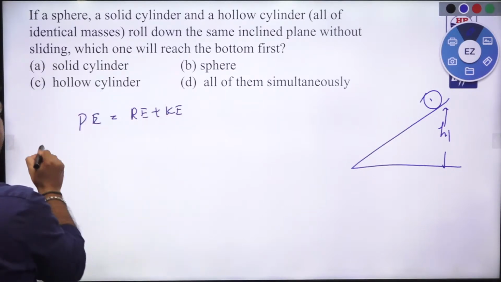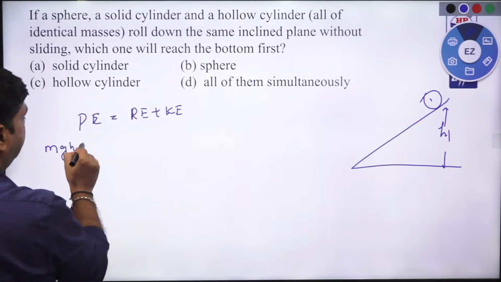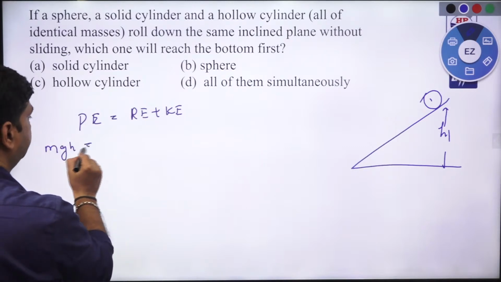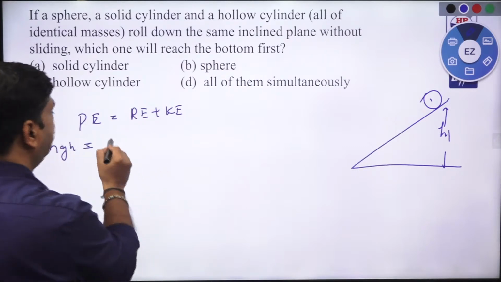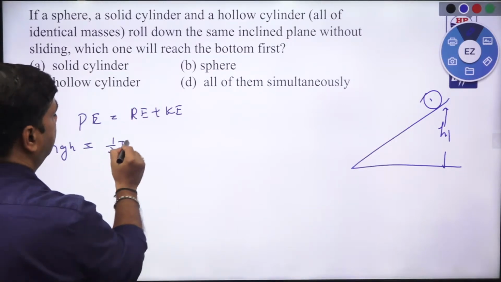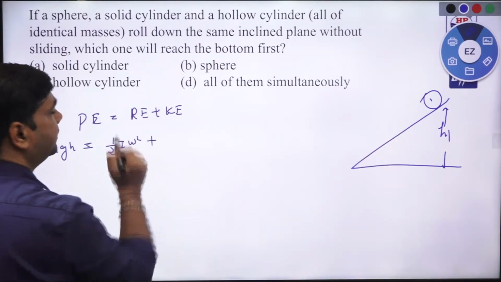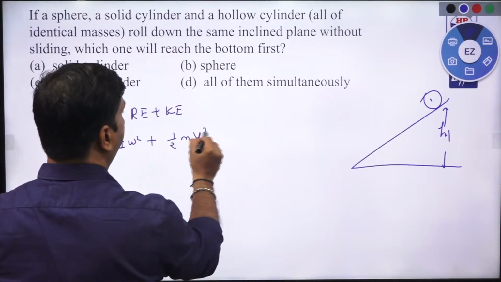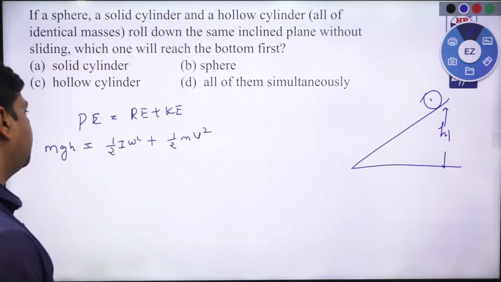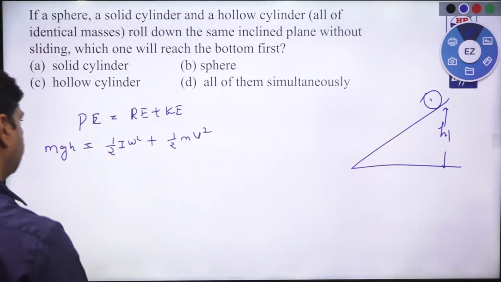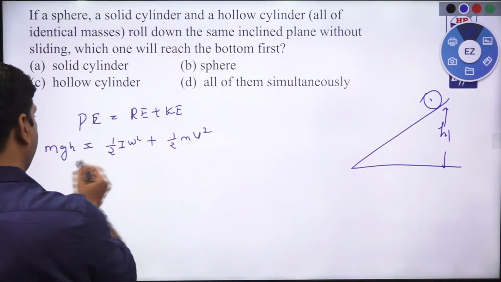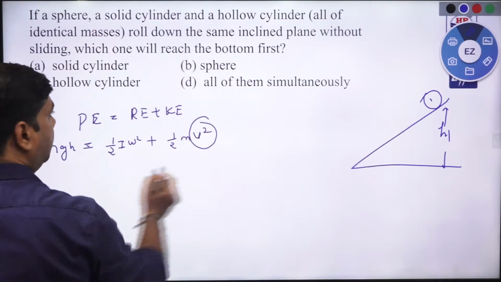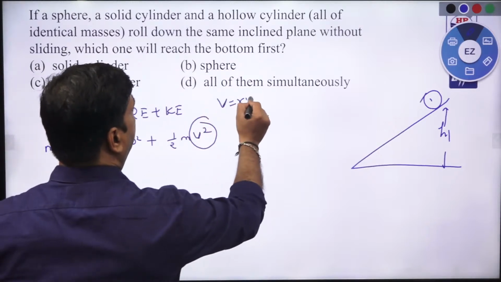So this potential energy is mgh equals, what is rotational energy? Half I omega square plus half of mv square. If I am going to find the velocity, we know v equals r omega.